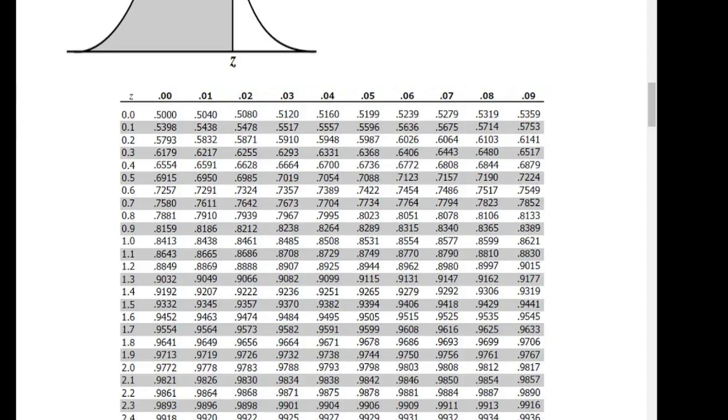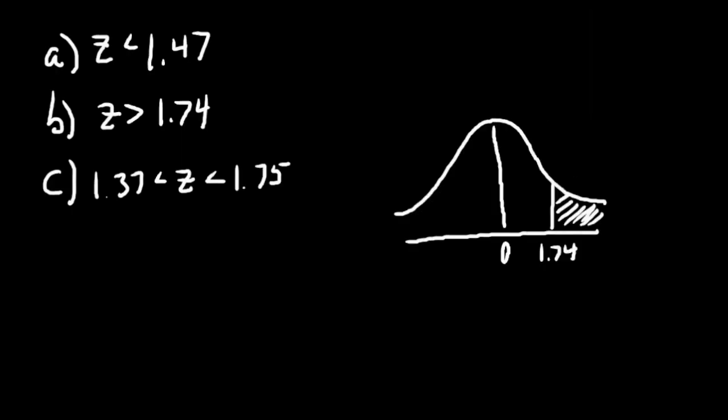So let's now move this back out of the way. And again, this is the area to the left. Okay, so the area to the left of 1.74 is 0.9591.